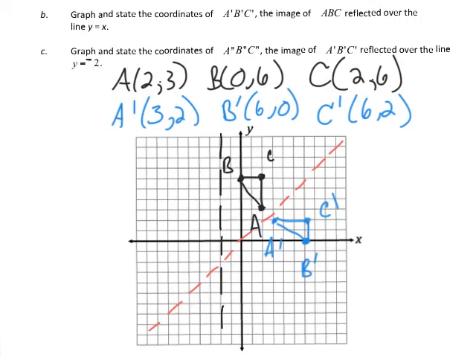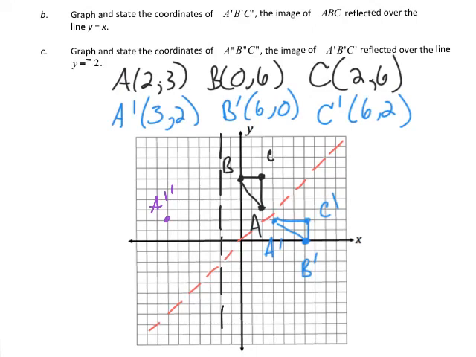So if I do that, I just count over 1, 2, 3, 4, 5, and I'm going to count over the other side. 1, 2, 3, 4, 5. There's A double prime. It's going to be the same distance away on the opposite side of that line. B double prime, if I count over, I'm at 8.